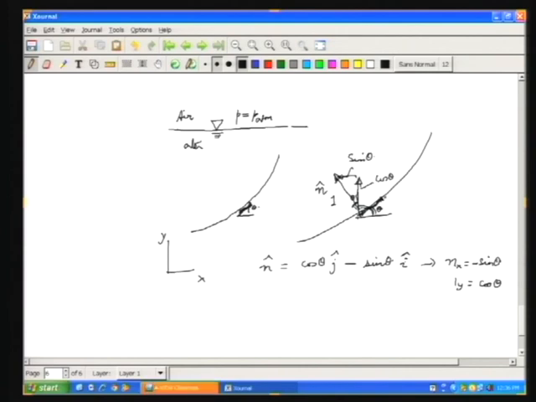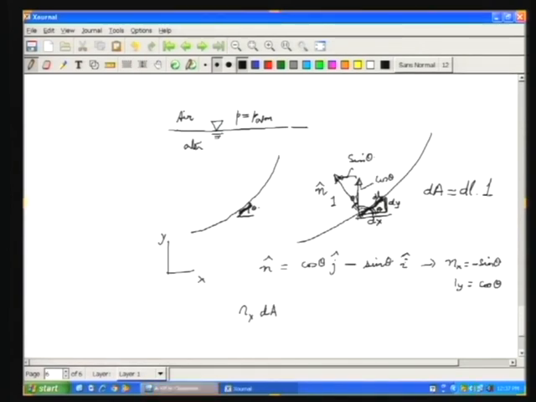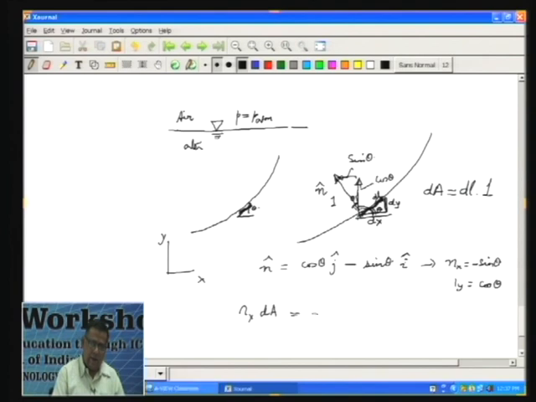Now, if I draw this triangle over here, then this is dx and this is dy and this is say dl, and my dA I can take to be dl into unit depth in the z direction. So, if you look at n x times dA, I can write it as minus sin theta into dA, which is minus dl sin theta.